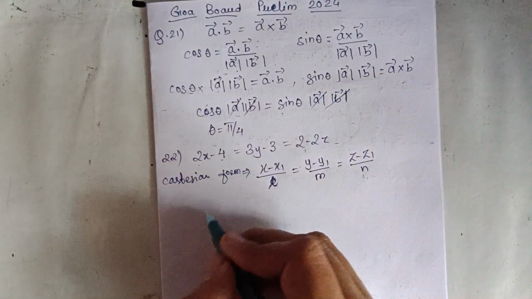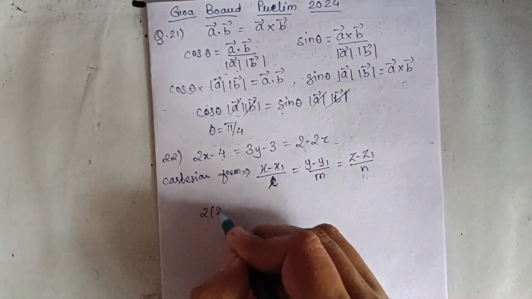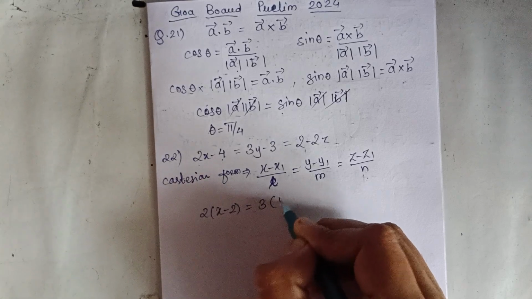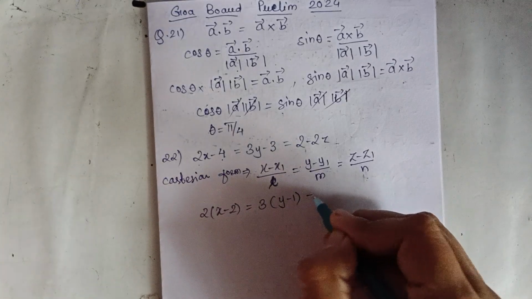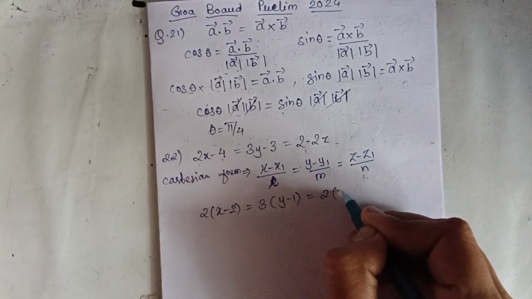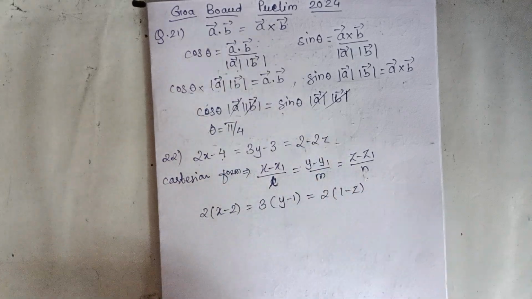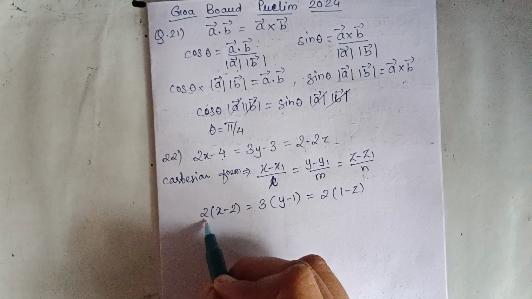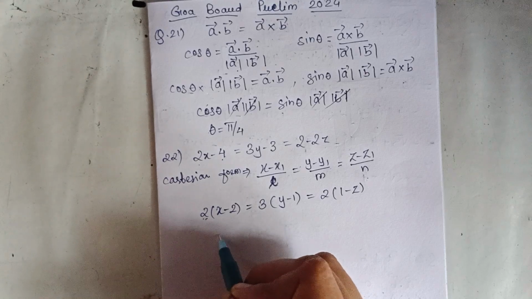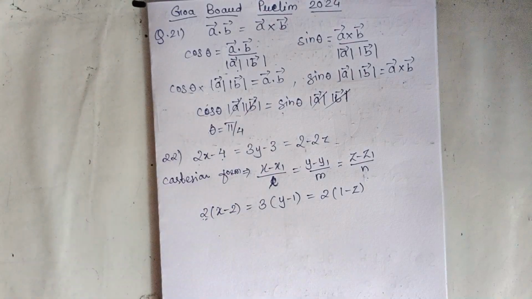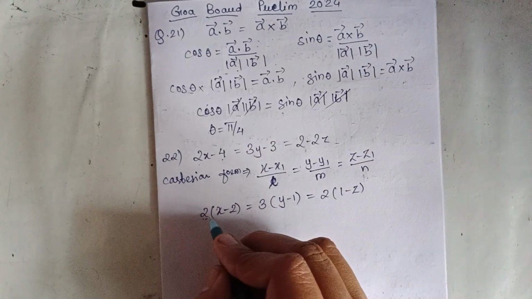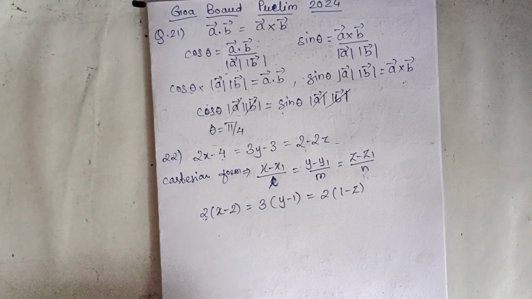So here I'll write 2 outside, so it will be x minus 2. Here 3 outside, so y minus 1. And 2 outside, so 1 minus z. Then taking this 2 in the denominator, that is we have to divide by 2 numerator and denominator. Denominator it is 1 is there, right? So we are dividing 2 in the numerator and also in the denominator.